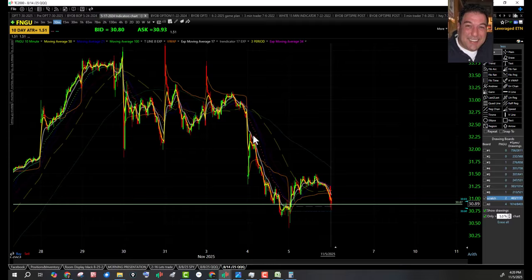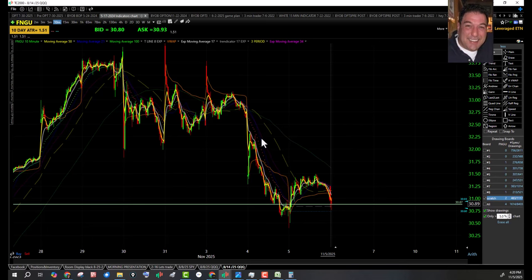Now I'm kind of rethinking it after looking at FNGU and QQQ, which are tech heavy. Clearly not happening, unless this higher low helps inspire the bulls to run up and make a higher high.